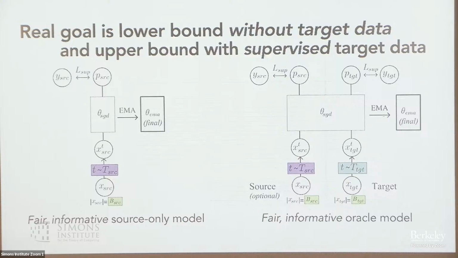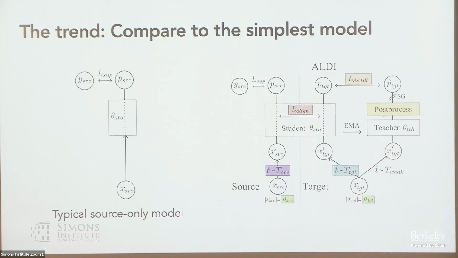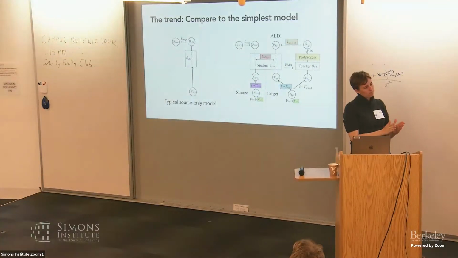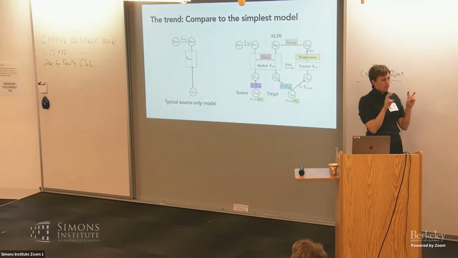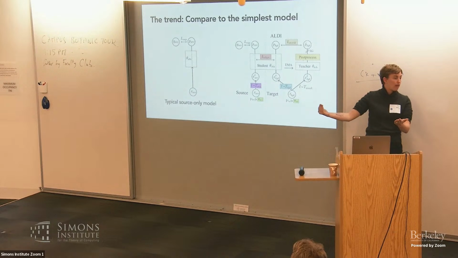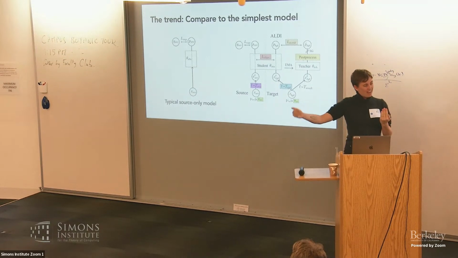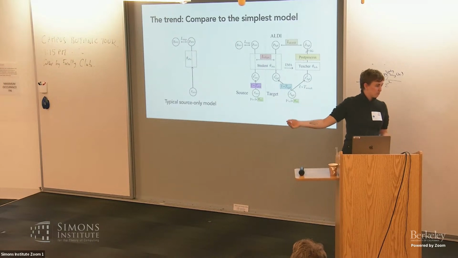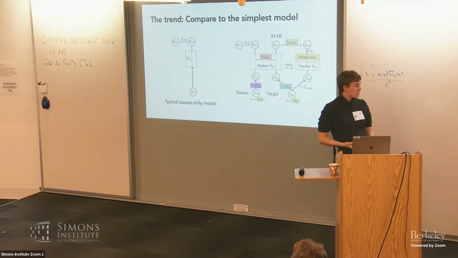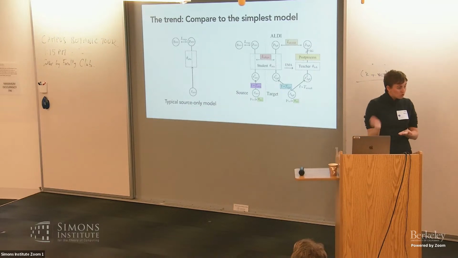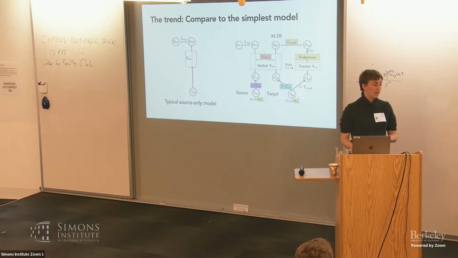Essentially, they were all comparing to very, very simple baselines. And then they were saying, okay, our method has this really nice way of leveraging unlabeled data, but they were giving their method a bunch of extra bells and whistles, things like exponential moving averages and really strong augmentation in the source data that you should actually include in a comparison to a baseline, because it doesn't have anything to do with adaptation.